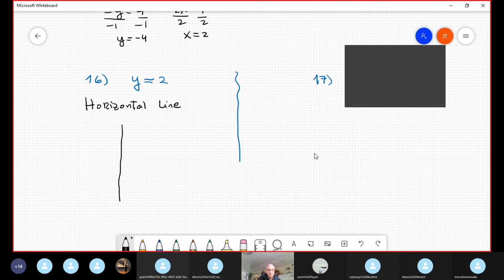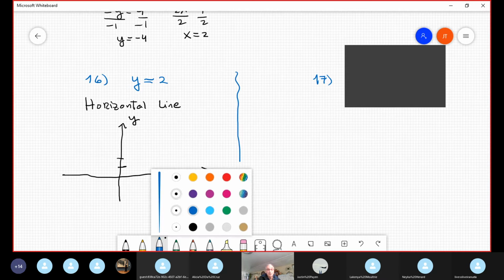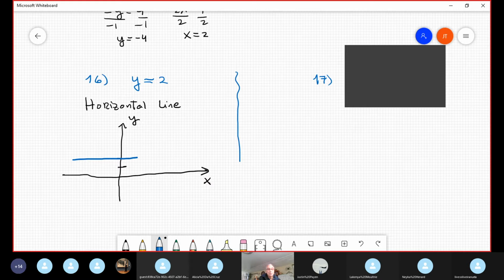When you are doing the graph of this, x, y, is 1, 2, and this is a horizontal line. Let me use maybe blue color. Like that. This is the line y equal 2, horizontal, because x is missing.